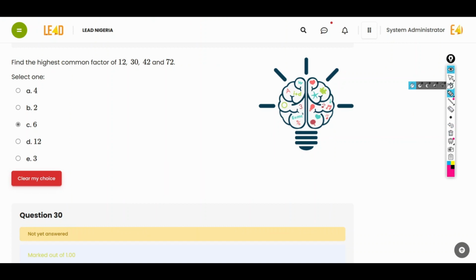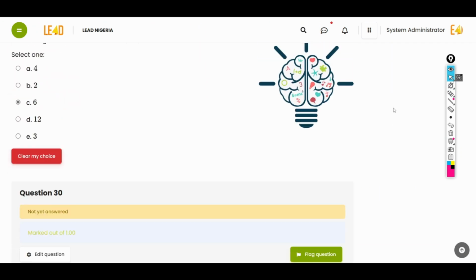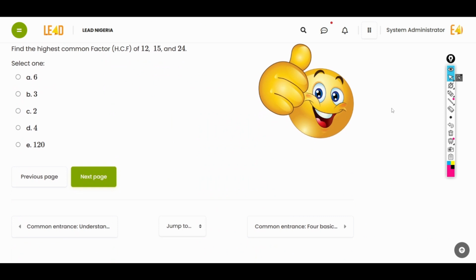Okay. Find the highest common factor of 12, 15, and 24. So again, we can do this in our head, because if you look at it, you know that the biggest number that can divide all of them should be 3. Nothing else can divide all of them.